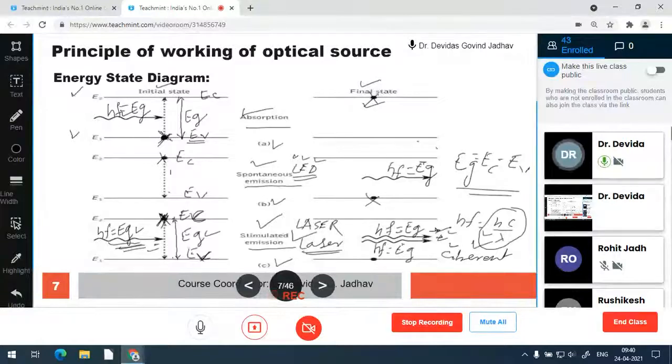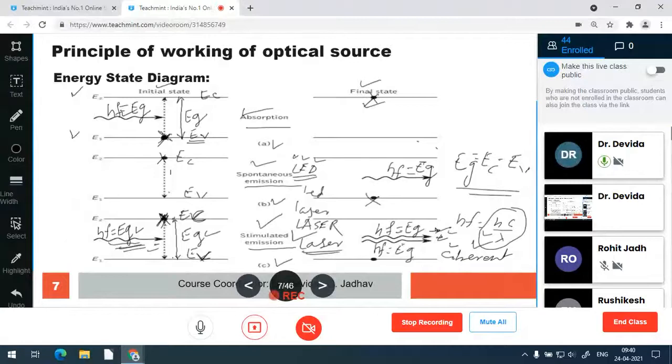But in this theory we use laser and LED so many times, like words, so no problem. Stimulated emission is observed in laser diodes, and spontaneous emission is observed in light emitting diodes.